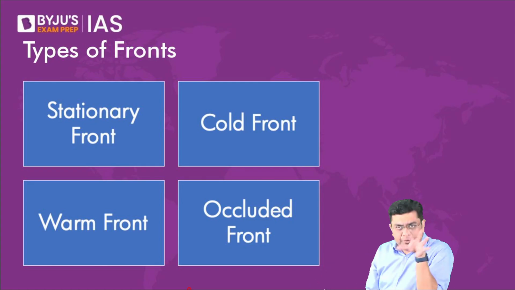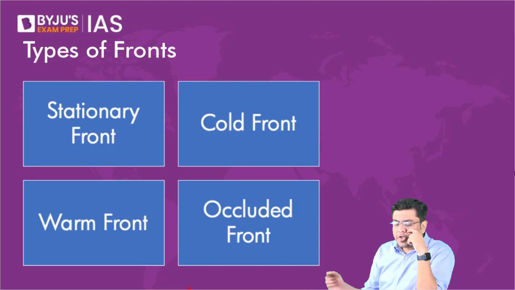For example, when we talk about the stationary front, stationary means what? Something which is static, something which is stagnant, something which is not moving at all. It is very static there.